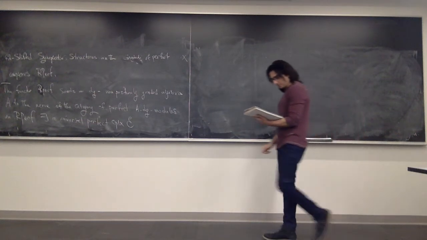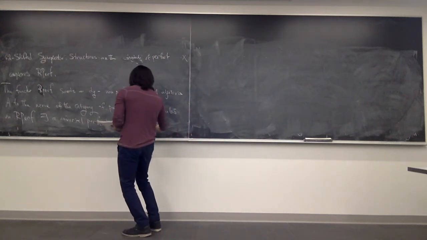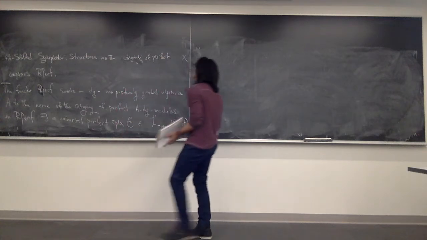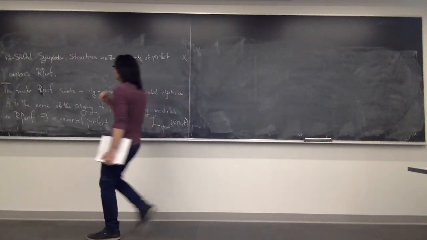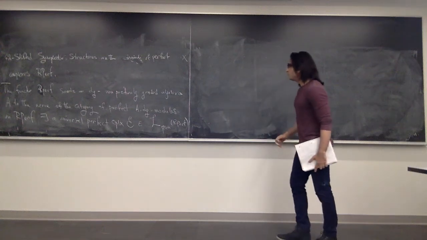So some perfect complex E, which is in the derived category of quasi-coherent sheaves on the R Perf itself. R Perf is a functor, but it's represented by a stack, and so it has a universal object too.